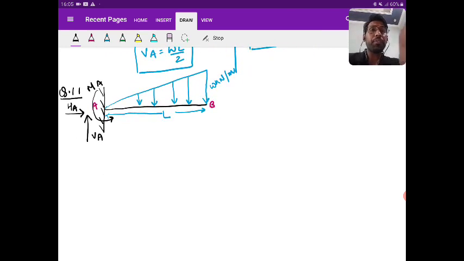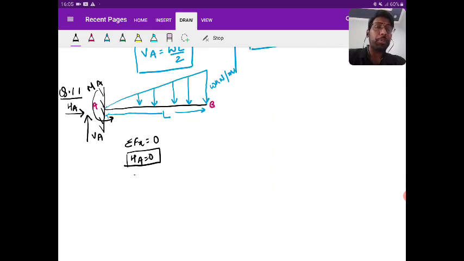See then. First of all, I'm going to use summation Fh equal to 0. So from here I get HA is equal to 0. Yes. Next, I'm using summation Fy is equal to 0. Let us take upward positive, downward negative. So coming left to right, VA is upward minus the downward load due to UVL.